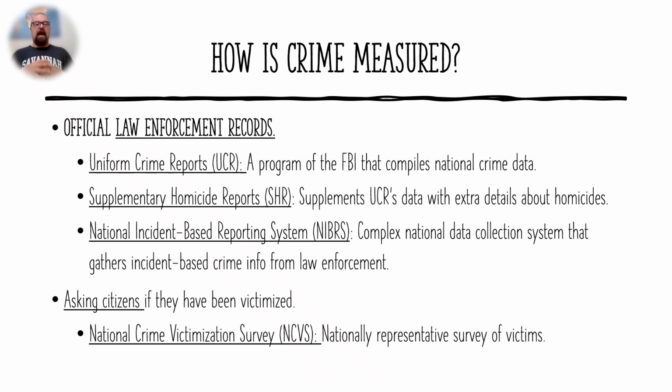However, the National Incident-Based Reporting System allows for both the murder and the robbery to be reported together, and we can extrapolate different characteristics and variables from both of those crimes together.